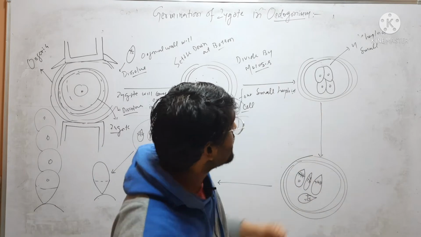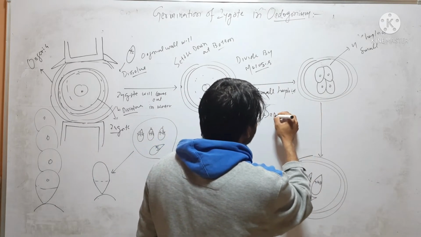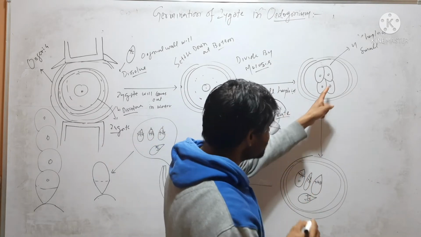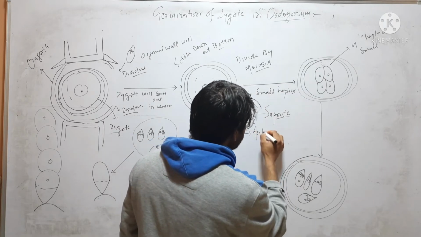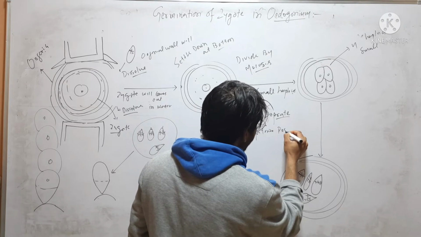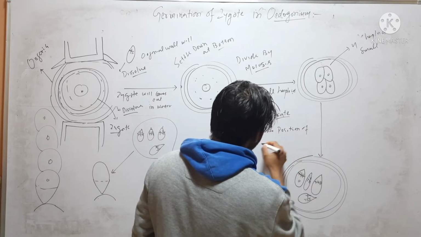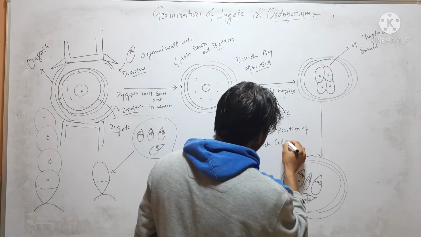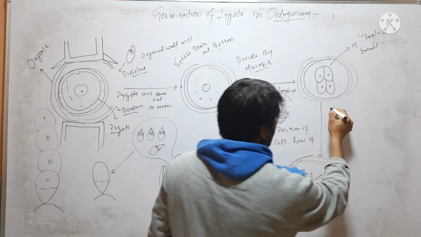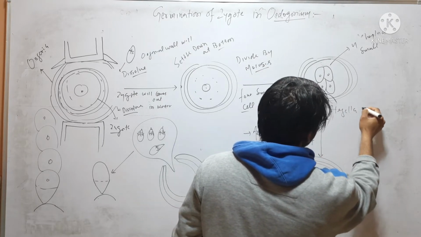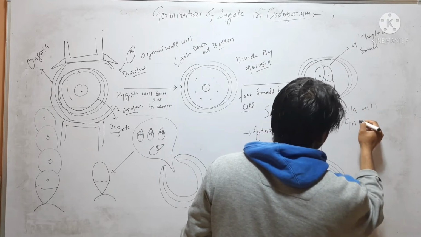Now each haploid cell will separate from each other, and at the anterior end of each cell, a row of flagella will arise.